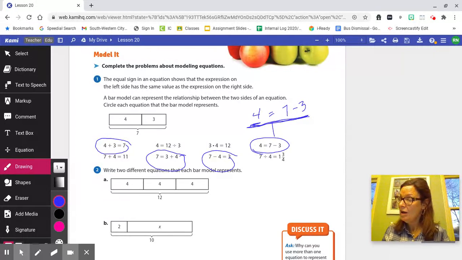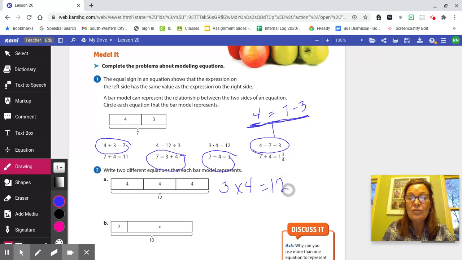Okay, so on A, you could have done 3 groups of 4 is equal to 12, or you could have done 12 divided by 3 equals 4. I could have done 4 plus 4 plus 4 is equal to 12, which would have been the same as 3 times 4.